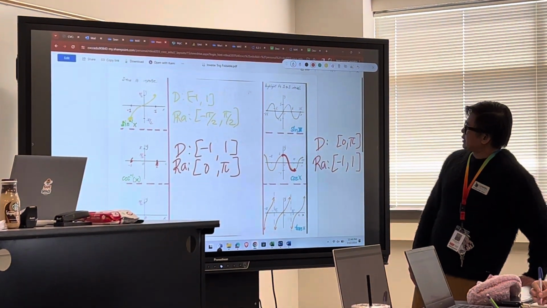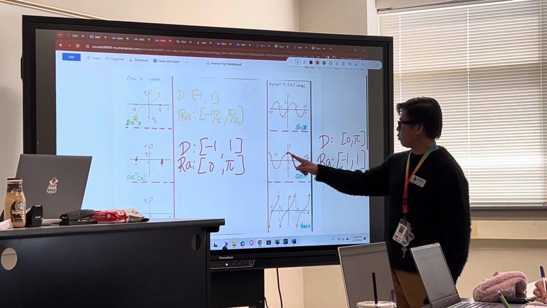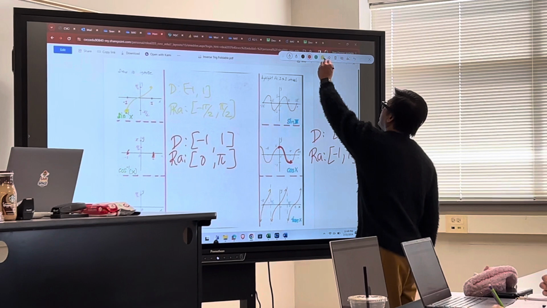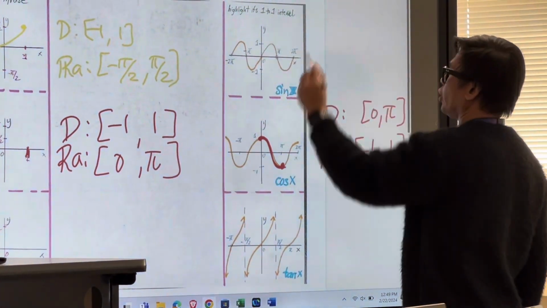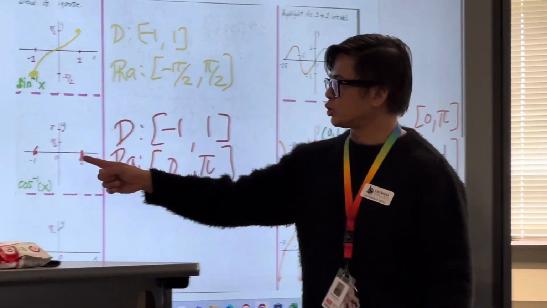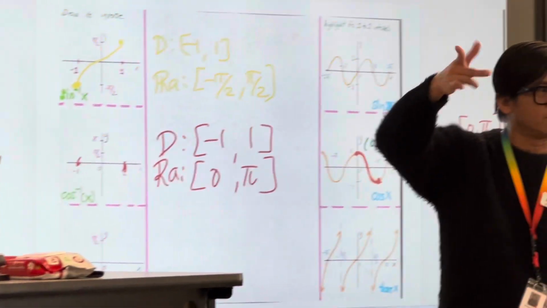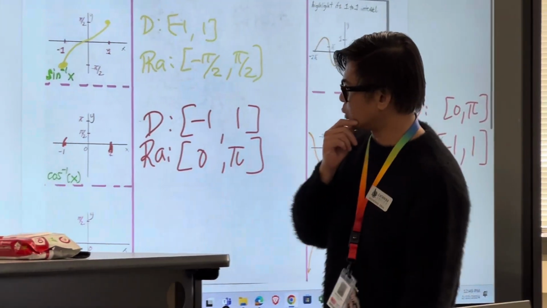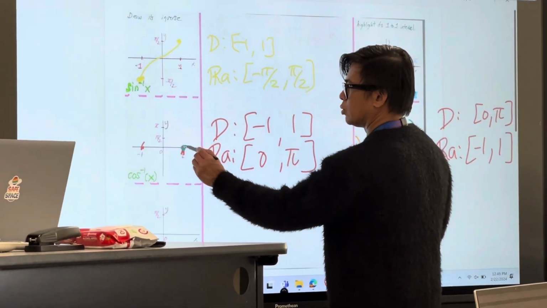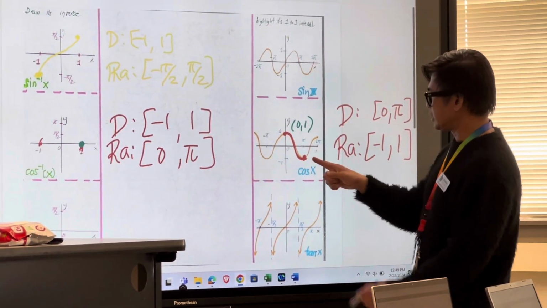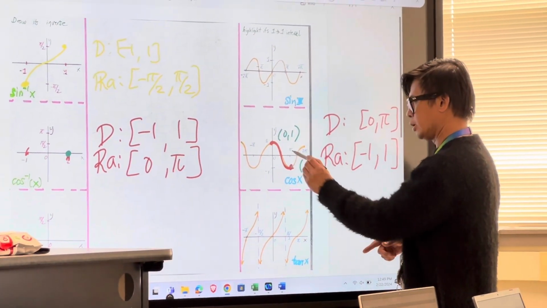With that being said, what is this point, by the way? At 0, 1. That point 0, 1 on the inverse will become what? If you flip the 0, 1, it becomes 1, 0. Very good. And what is this other point here?